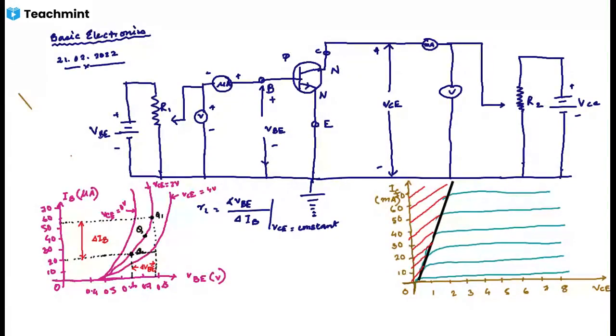Total this portion is called the saturation region. Okay. Next, this portion is the active region. From here, then it will go down to here.